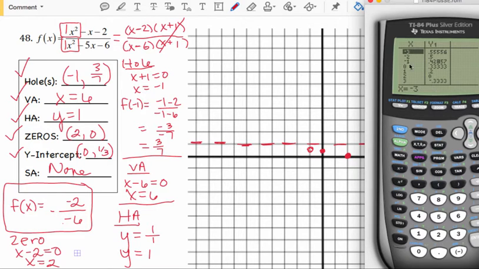And so you can see when we are at 0, we're up a third. And when we're at 2, we're at 0. So some of those ordered pairs are verified. That's where my hole is, even though the graphing calculator isn't going to pick up the hole.